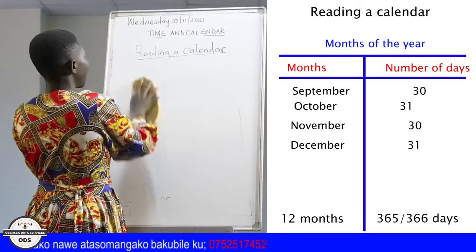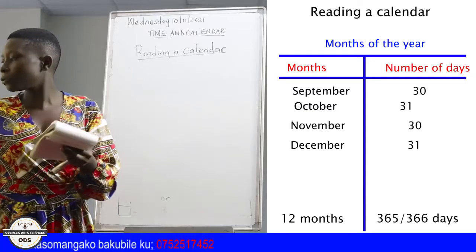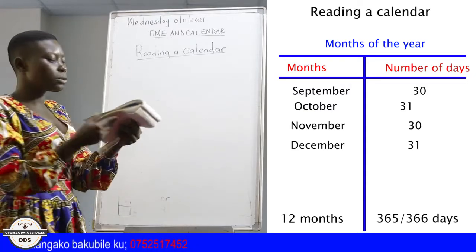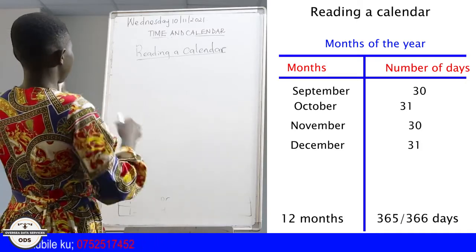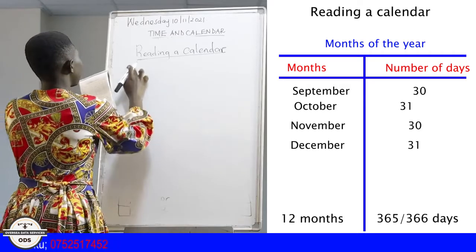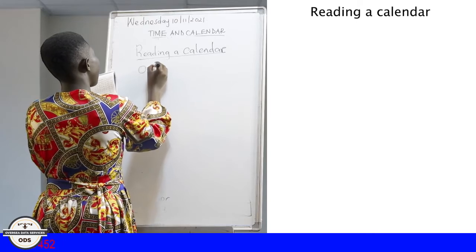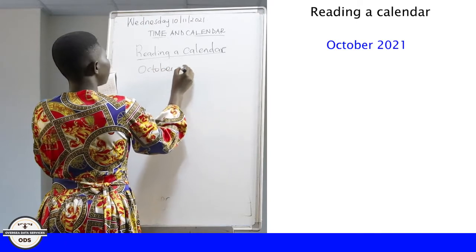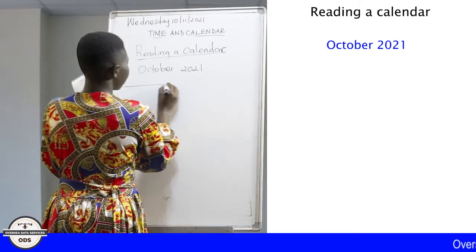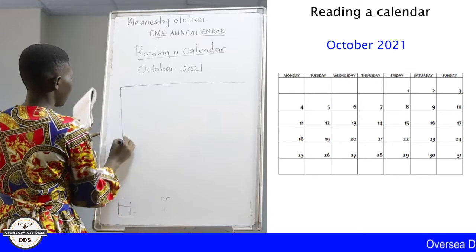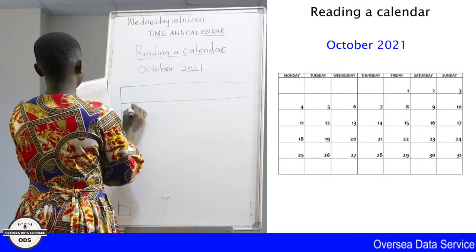We have a calendar here, a calendar of this very year 2021, and our calendar here is a calendar of which month? October. We have October 2021. It looks like this.